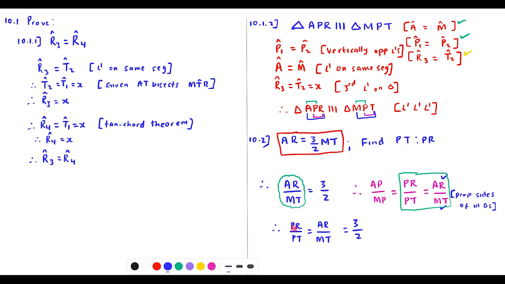So we're just going to swap them around. PR over PT earlier was 3 over 2, and now we swap these around by putting PT on top and PR at the bottom. By doing this, we need to do the same thing with our numbers, 2 over 3, and that is basically how we get our answer.